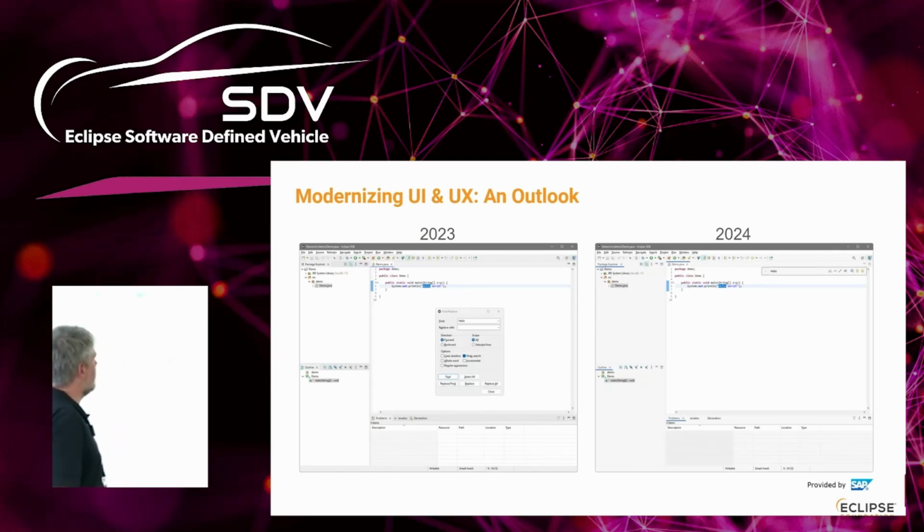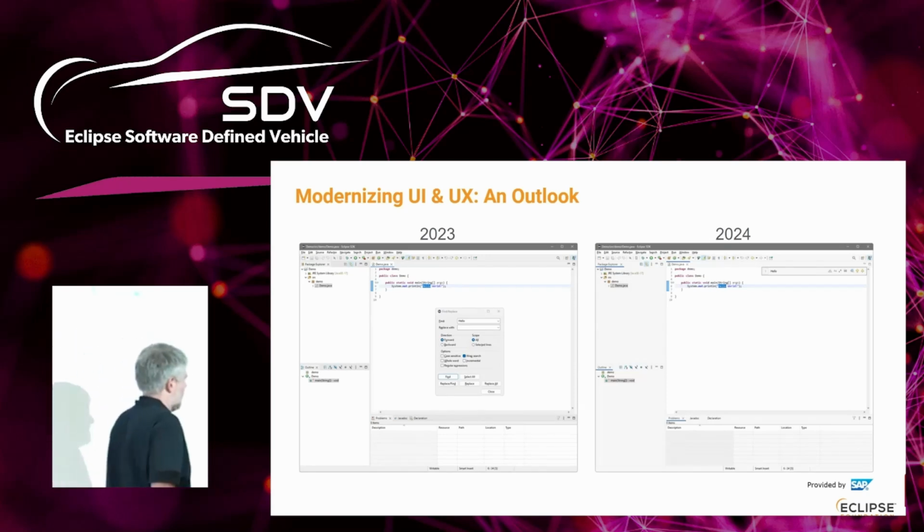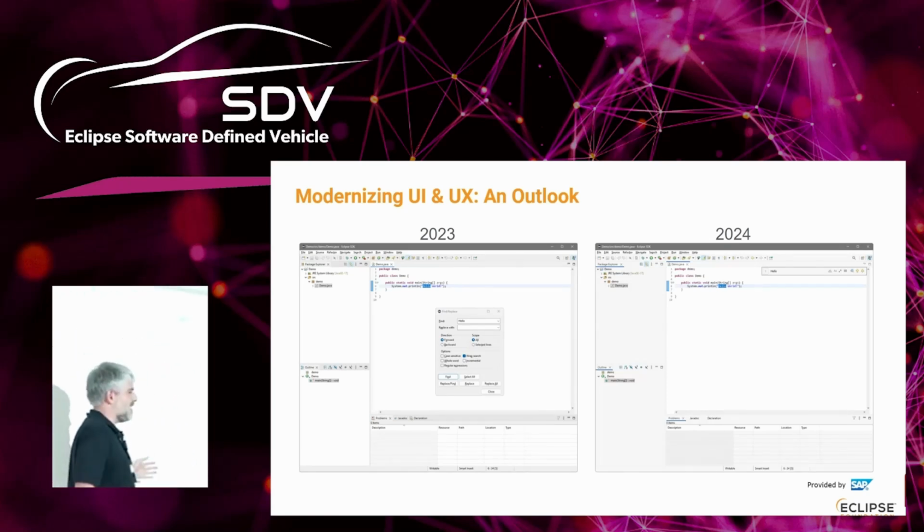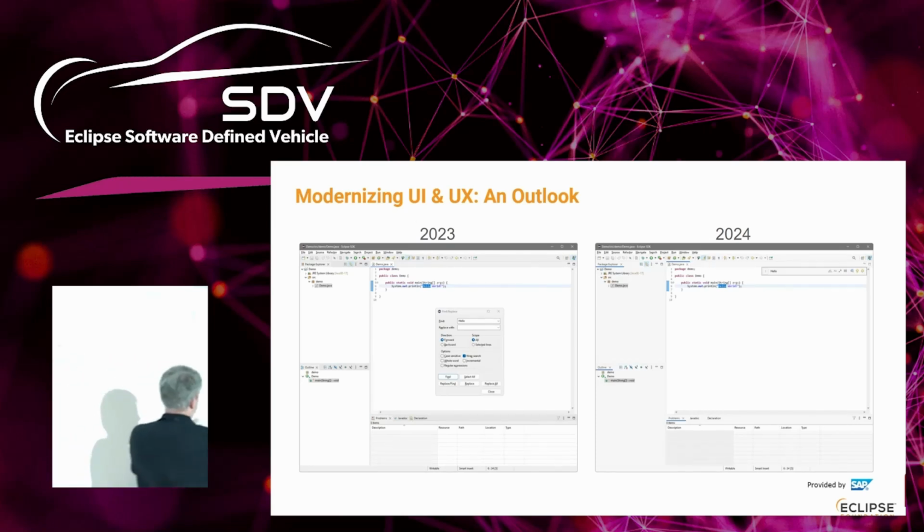So this is how the IDE looked in 2023. On the right side, you see how it can look, what we expect at the end of 2024. So you see already much cleaner. You see it's also nicely colored here, like a tool you saw before in the presentation. So it's really guiding you, the user. It's about focusing you personally on the editor, which is the main actor.